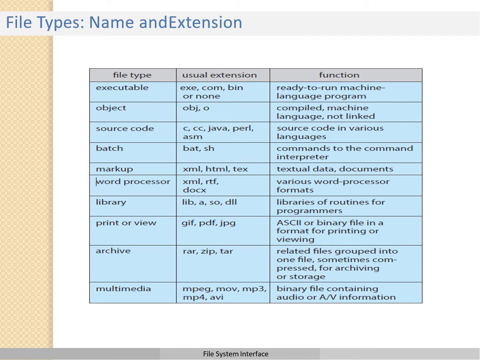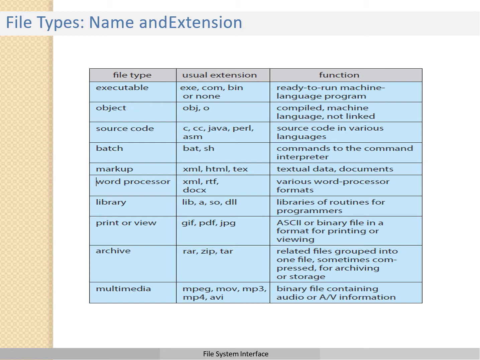It is generally a file obtained after compilation; machine language that is not linked. Source code extension can be .c, .cc, .java, .perl or .asm, and its function is source code in various languages. We have the batch file whose extension is .bat or .sh. It is commands to the command interpreter.